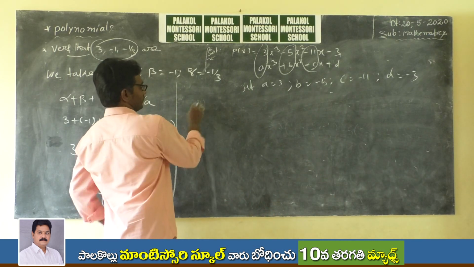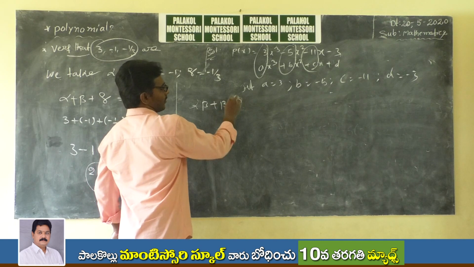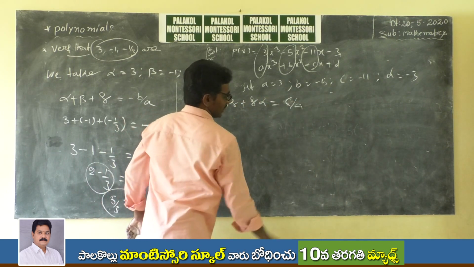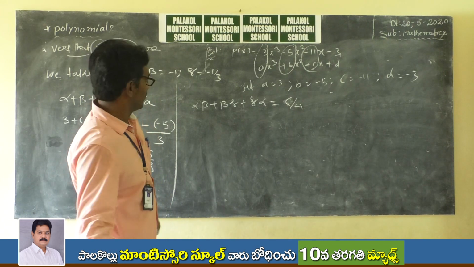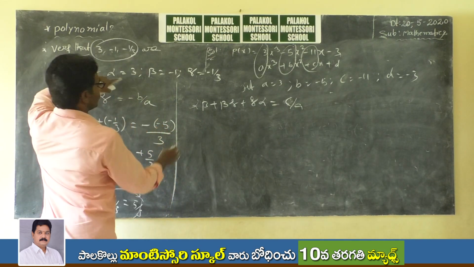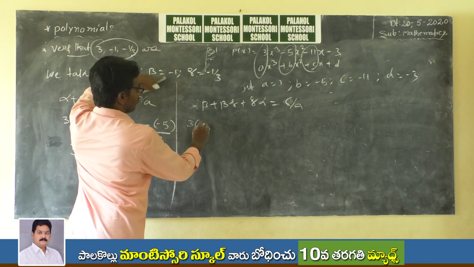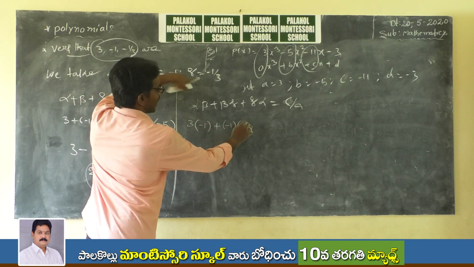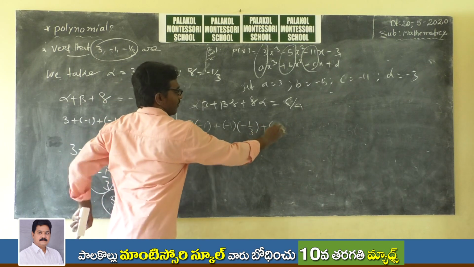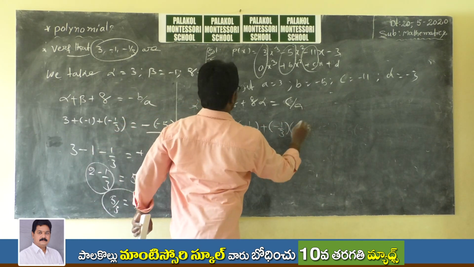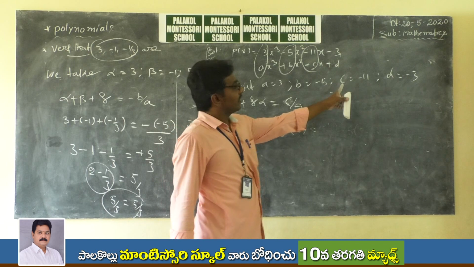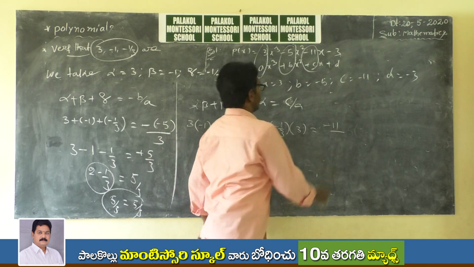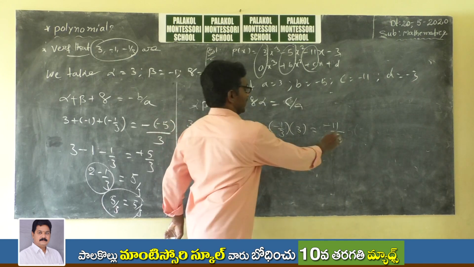Alpha beta plus beta gamma plus gamma alpha is equal to c by a. So alpha value 3, beta value minus 1, plus beta into gamma, minus 1 into minus 1 by 3, plus gamma into alpha, minus 1 by 3 into 3, is equal to c value, which we already identified as minus 11, by a value 3.